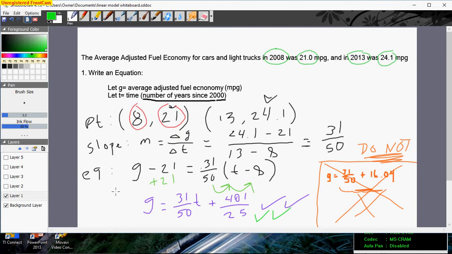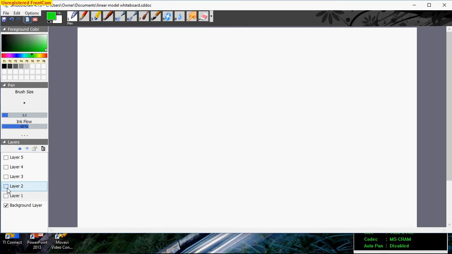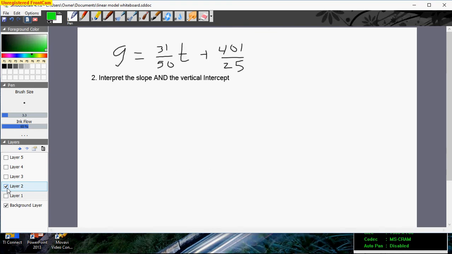Okay, moving on. We have our equation. We can now answer the other questions. So number 2, interpret the slope and the vertical intercept. Okay, let's start off with the slope, and we know our slope is going to be 31 divided by 50, and this is now, because we're doing a word answer, where you can put in that decimal.